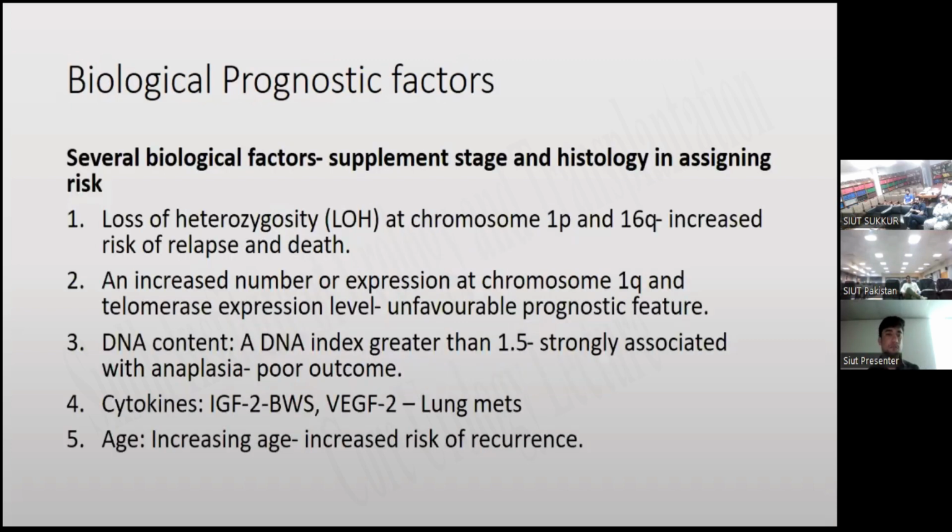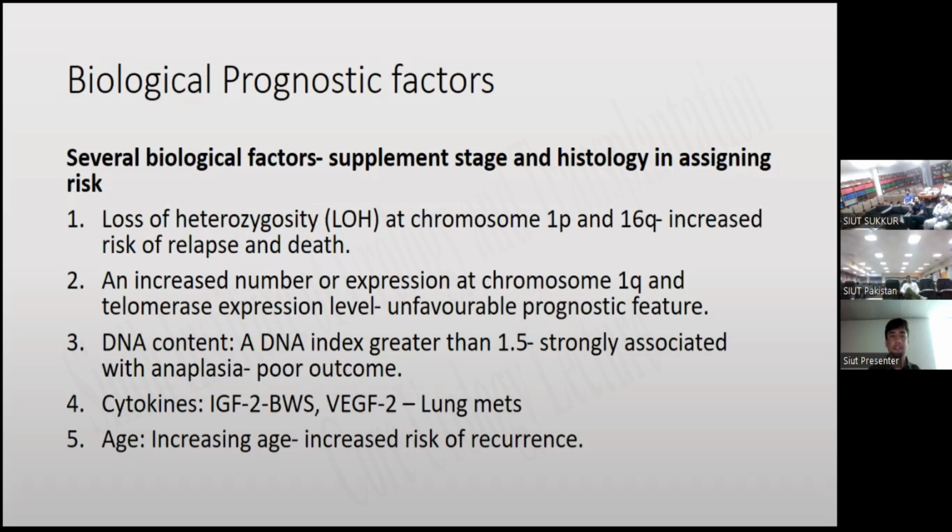So there are some prognostic factors that predict the prognosis of the tumor. These are the loss of heterozygosity at the short arm of chromosome 11 and the long arm of chromosome 16. There are increased chances of relapse and death, and an increased number of copies of chromosome 12 and telomerase expression level suggest unfavorable prognostic features.